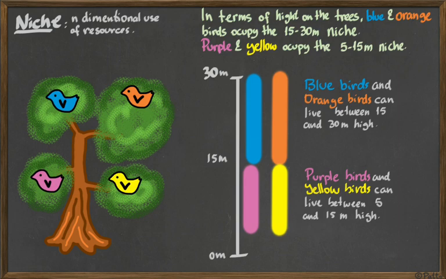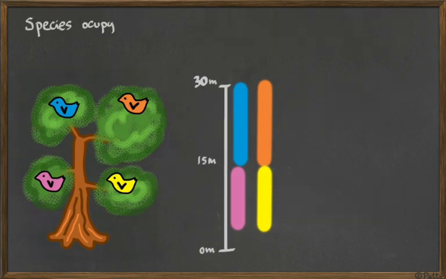So the niche here for this one dimension, the height on the tree, is different for those two and those two over here. So this is one idea of the niche.